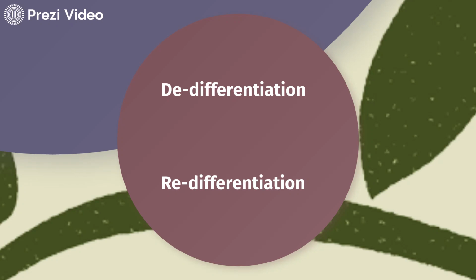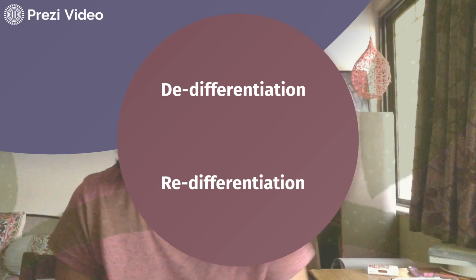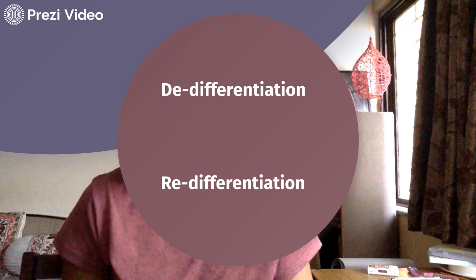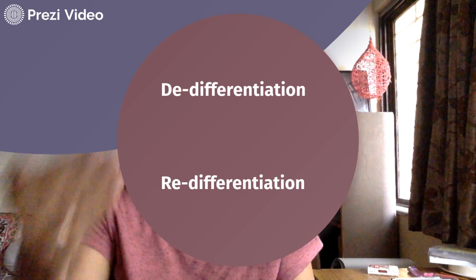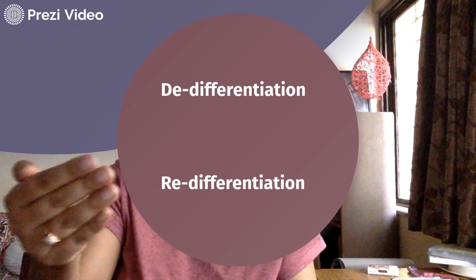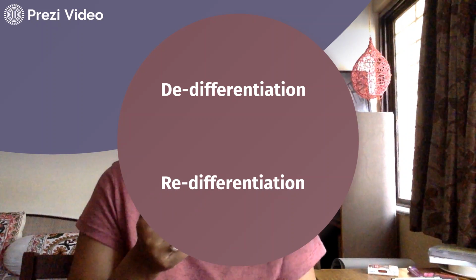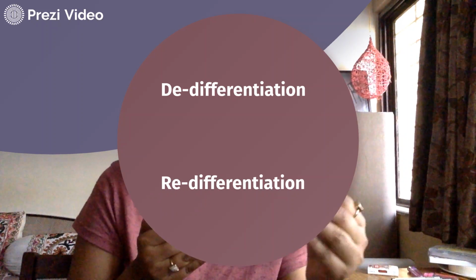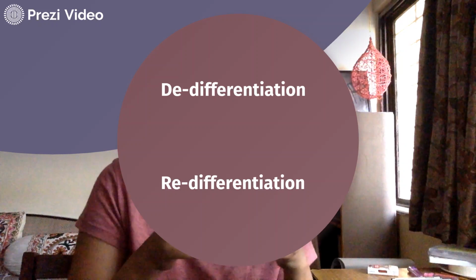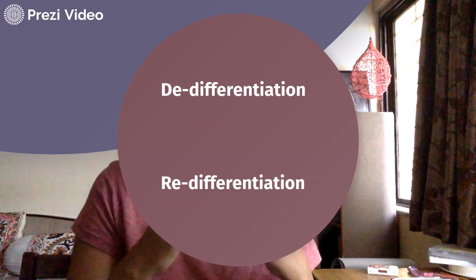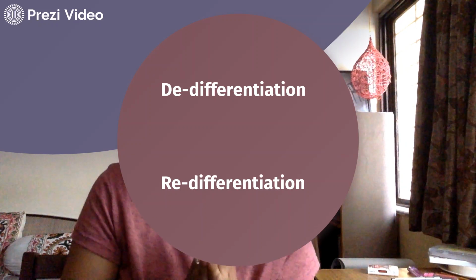So, for totipotency, the first step is called dedifferentiation. Dedifferentiation means a process where a specialized cell rewinds or backtracks from its specialization and again becomes unspecialized, or embryonic in its basic routine.